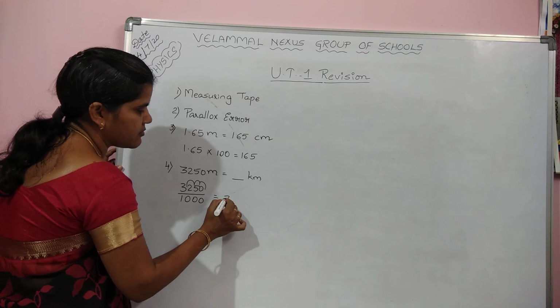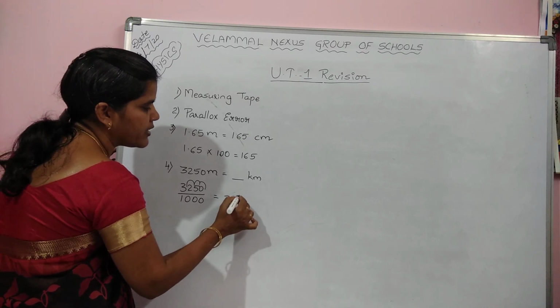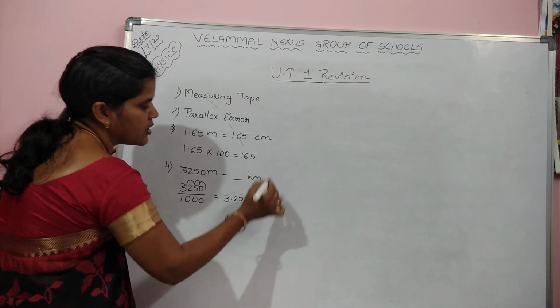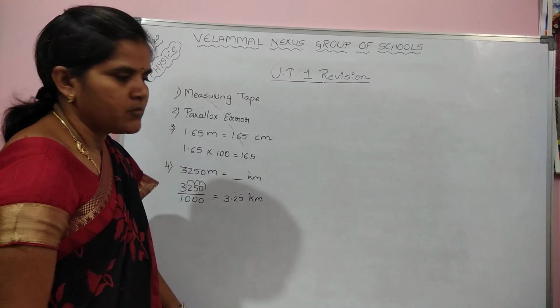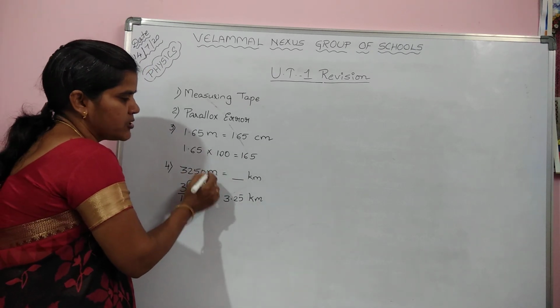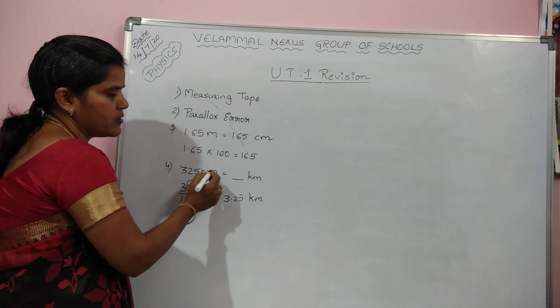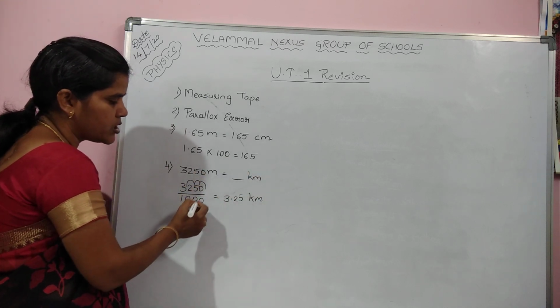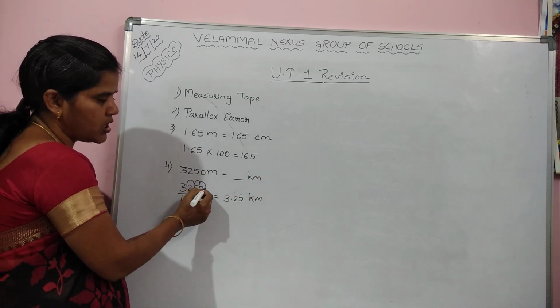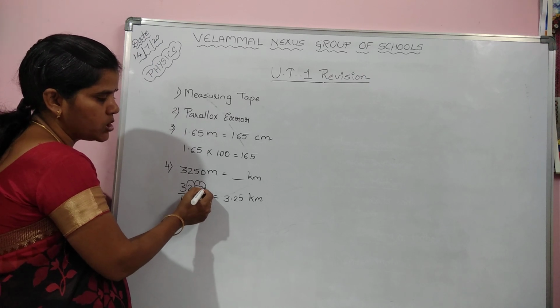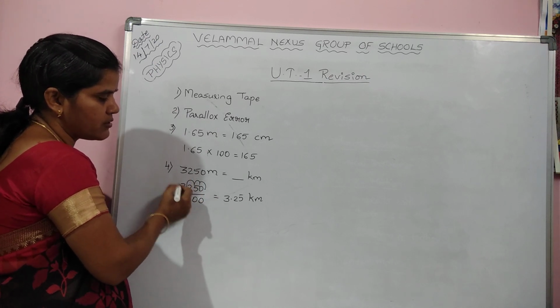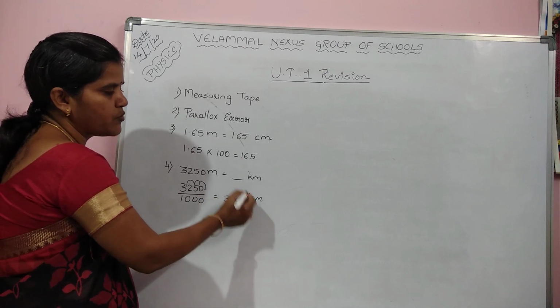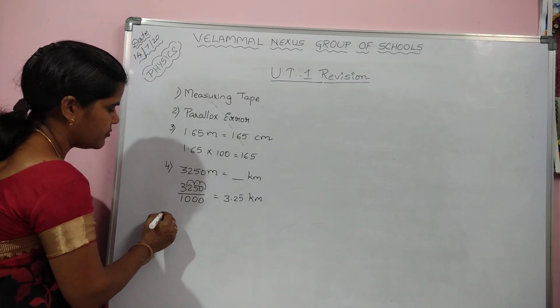The answer is 3.25 kilometers. 3250 meters into dash kilometers. While converting meter into kilometer, divide by 1000. Usually for the number, the point will be at the edge. It moves towards the left side. Here you will get 3.25 kilometers as the answer.